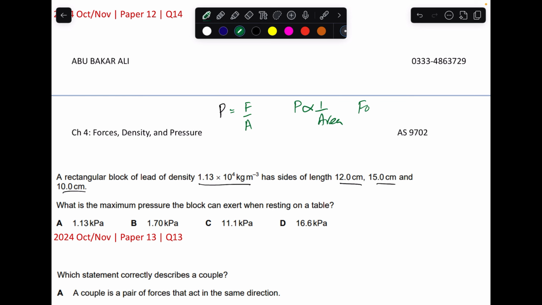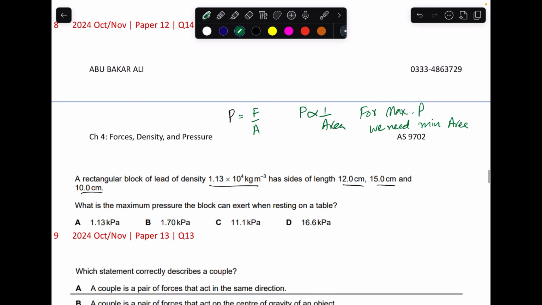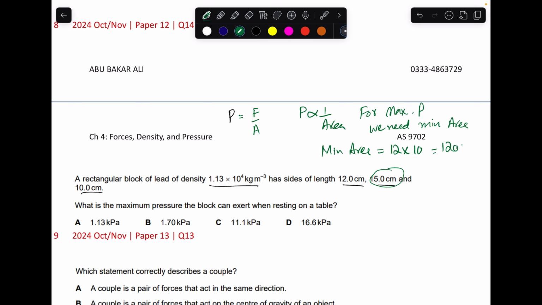For maximum pressure, we need minimum area. Okay, so minimum area will be of the sides with the minimum length. So 15 is the largest, so minimum area will be 12 into 10. The smaller lengths you multiply, that will give you 120 centimeters squared.